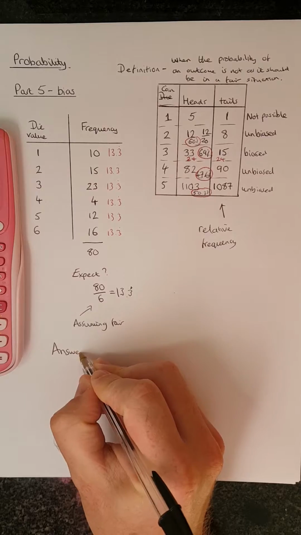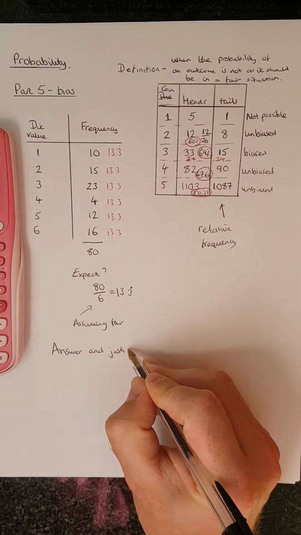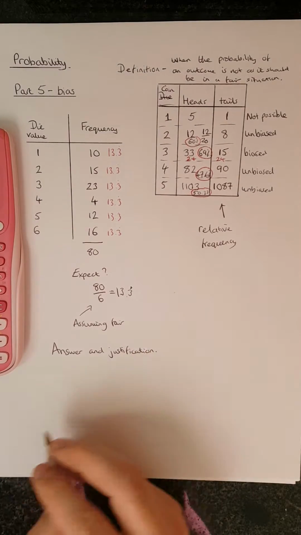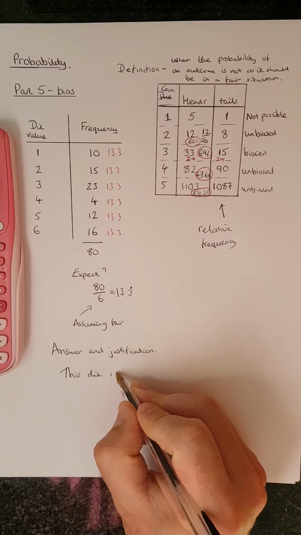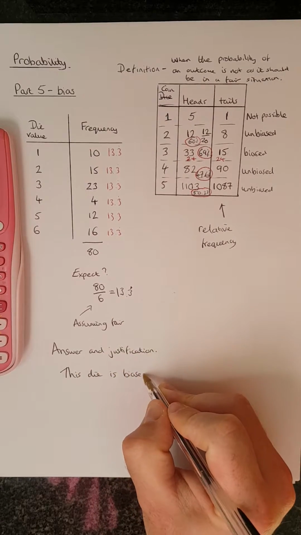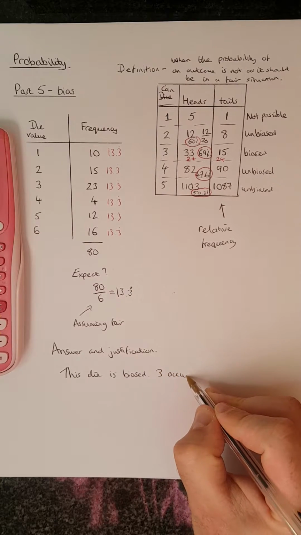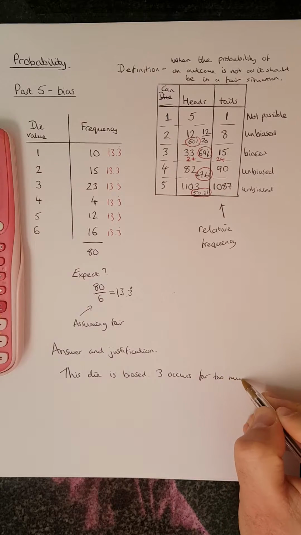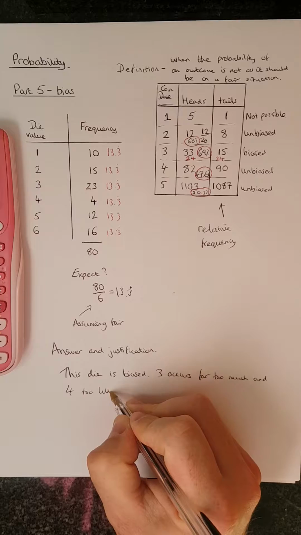So here's my answer and justification. And remember, it's always about how I justify, how I explain. This die is biased, I believe. 3 occurs far too much and 4 too little.